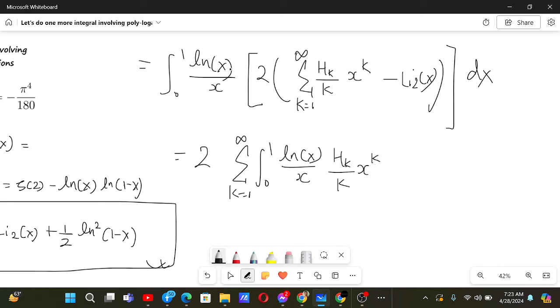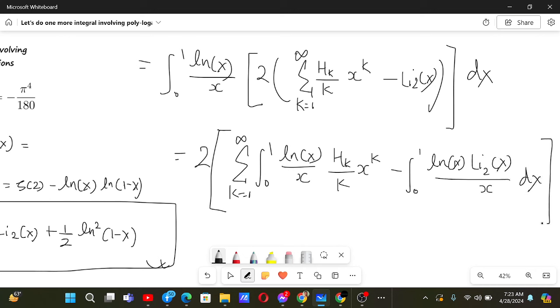Again, for the other expression we have the integral from 0 to 1 of ln x Li2(x) by x dx.